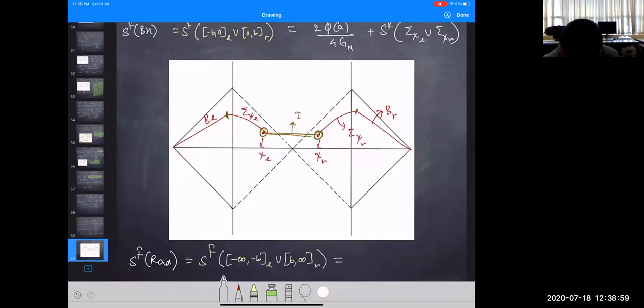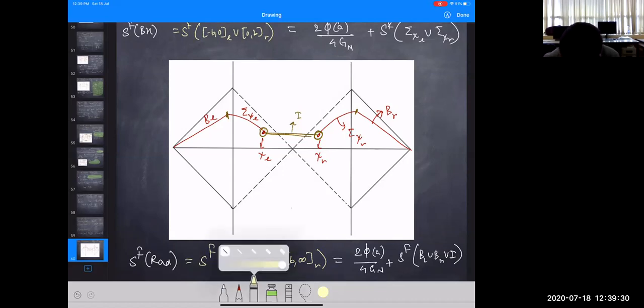The areas of the boundaries of the island are still the same. They still give you 2 phi a upon 4G Newton plus the fine-grained entropy of BL union BR union the island. So the only thing that was missing earlier, when we computed the fine-grained entropy of the radiation in the bulk, was this piece, and we did not have the island.